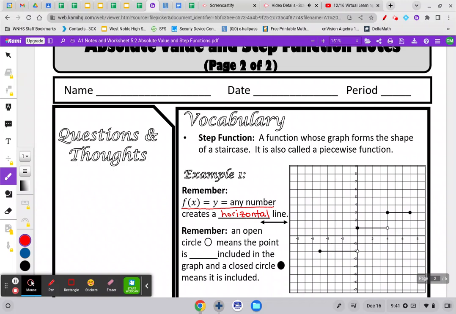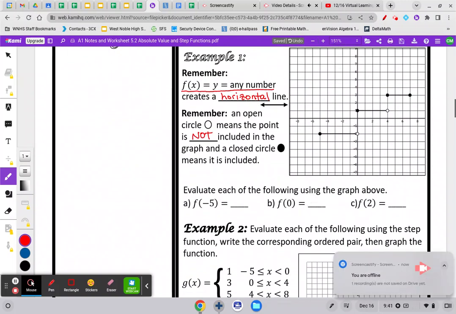Okay? That's where we get the step idea from. Also recall, an open circle means that the point is not included in the graph, and a closed circle means that it is included.